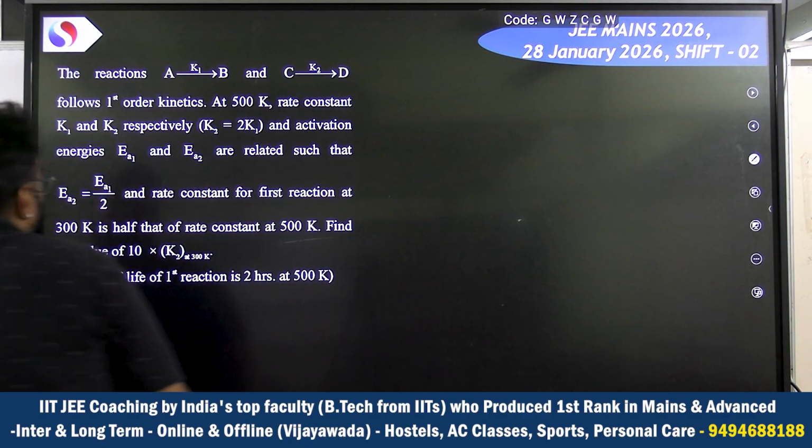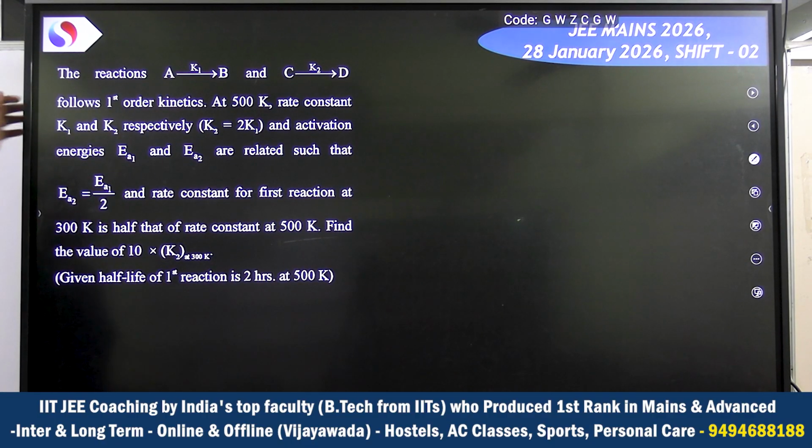भाई दिखने में तो बहुत भारी क्वेश्चन है. For the reaction A to B gives K1 and C to D is K2, follows first order kinetics. At 500 Kelvin temperature, the rate constants K1 and K2 are related in such a way, and the activation energies are related in such a relation, and the rate constant for the first reaction at 300 is half of that at 500.